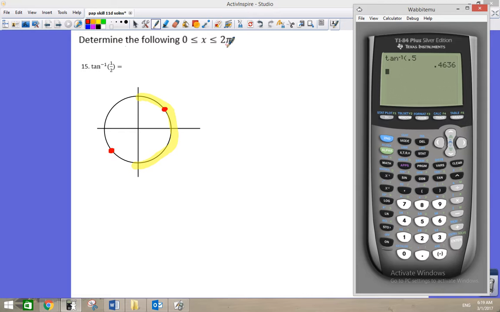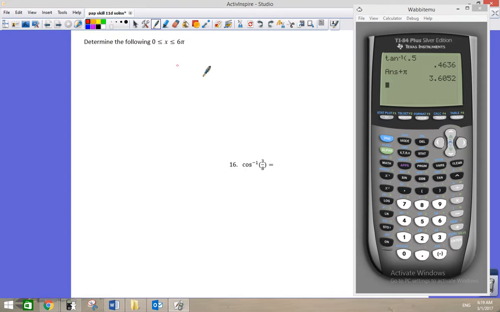It's between 0 and 2 pi. So there's my first solution. I'm expecting 2 on 0 to 2 pi. My other solution here, all I have to do is add pi to get there. So my other solution is here. So these are the two values that are answers for 15 that are between 0 and 2 pi.